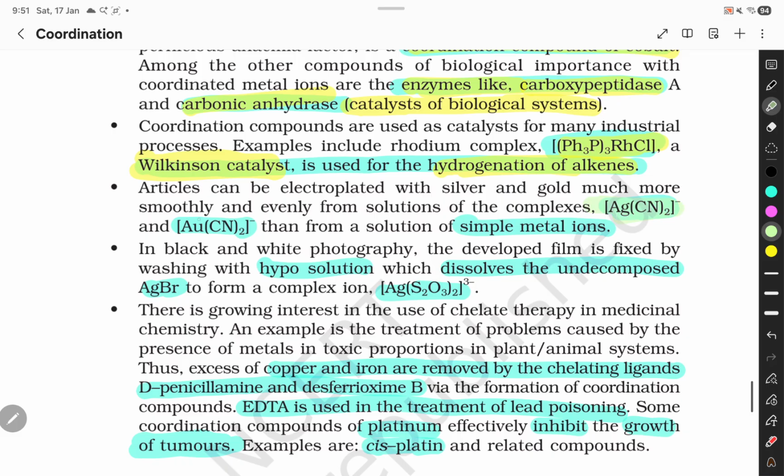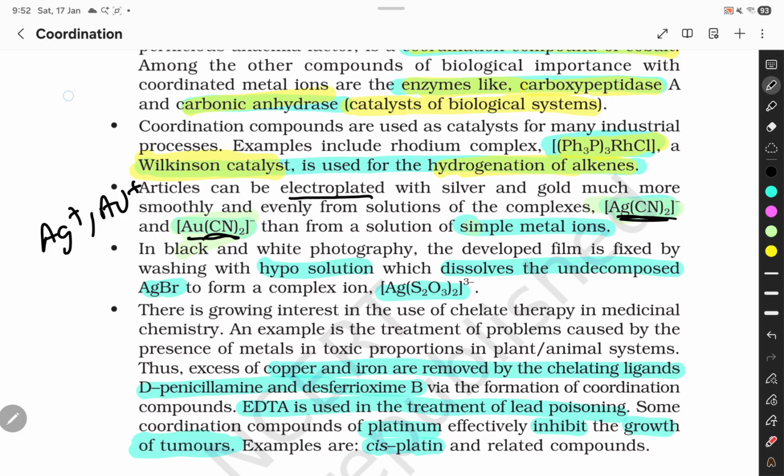And [Ag(CN)2]- and [Au(CN)2]- can be used for electroplating, and I'm going to give a bit of an insight on this. It's an ICC thing, right? In electroplating, if you don't use these complexes, Ag+ and Au+ ions move really fast.